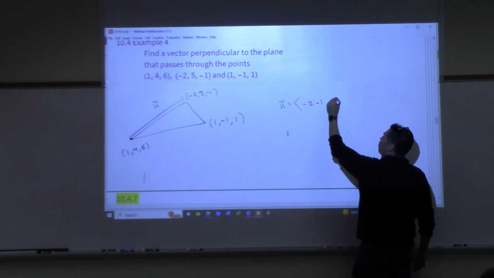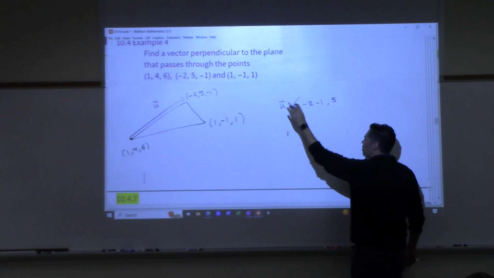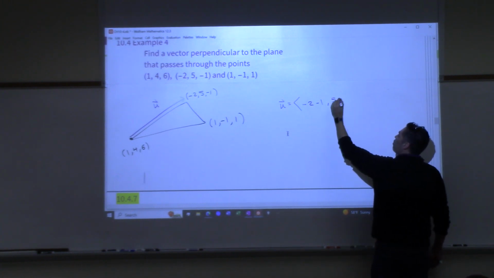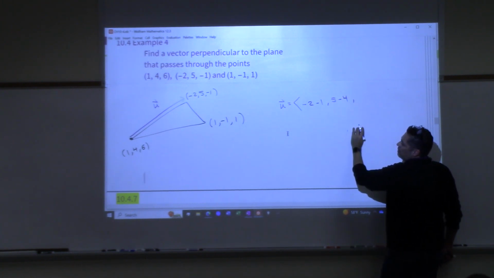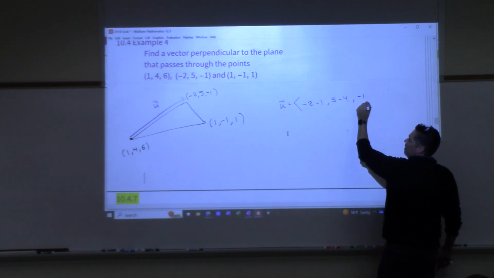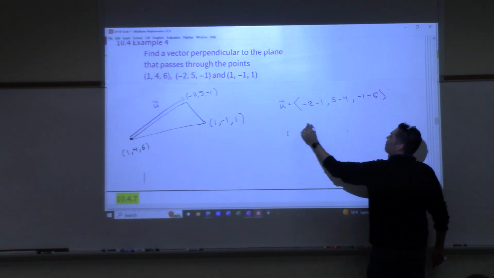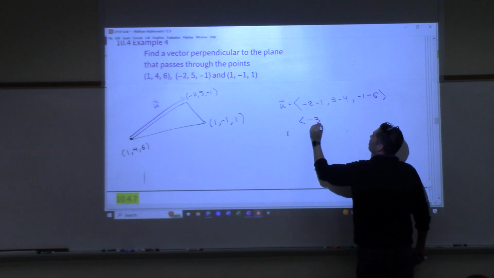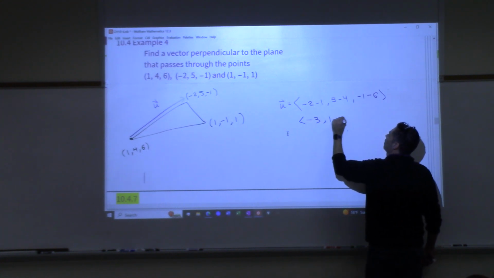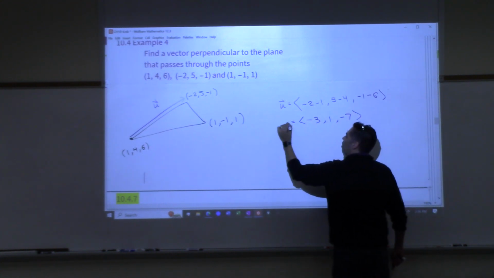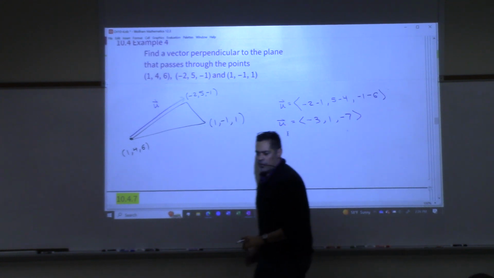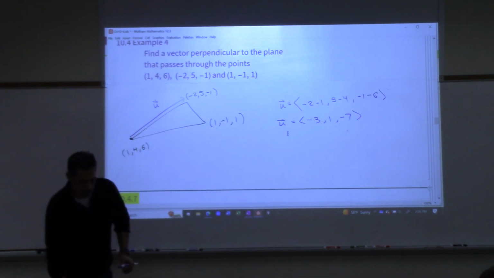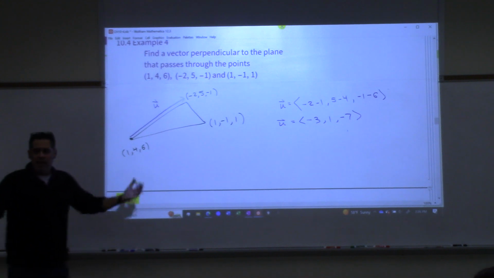Now I take the y coordinate of the point I'm going to, subtract the y coordinate of the other point, and then -1, and then I take away 6. That will be my first vector, which I'm calling U. That good? All right, now the other vector, anything I want.